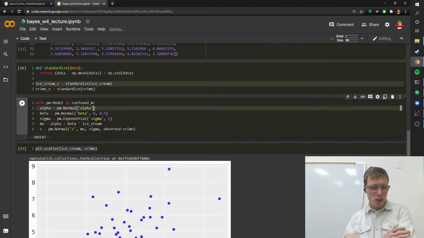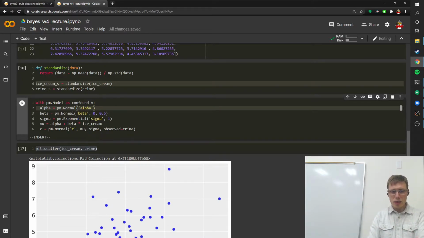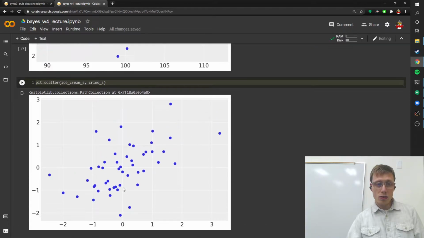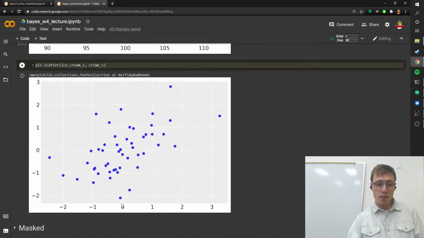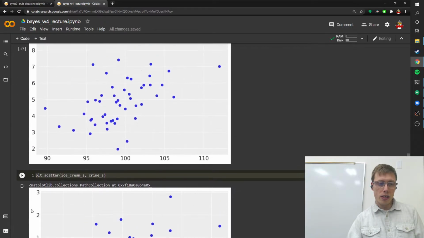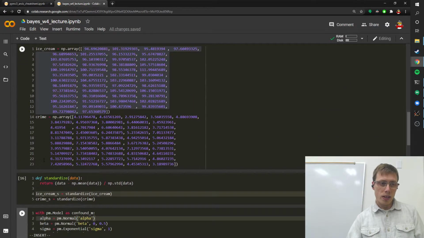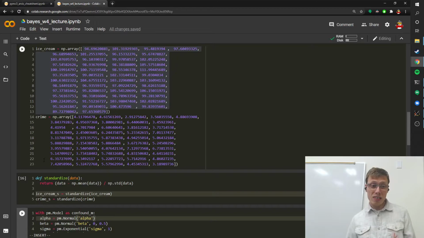And meanwhile, for the alpha, the interpretation of this one now is, okay, when the data for ice cream is at its mean, what do we expect the value to be for the crime, right? So in this case, it's all in standardized format.